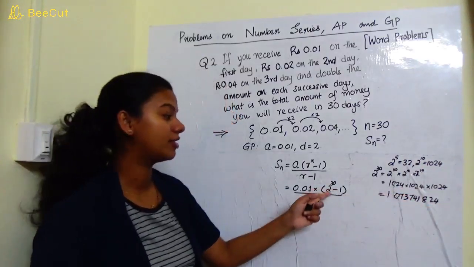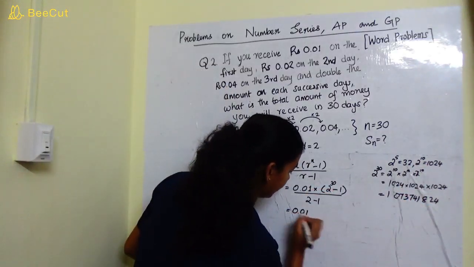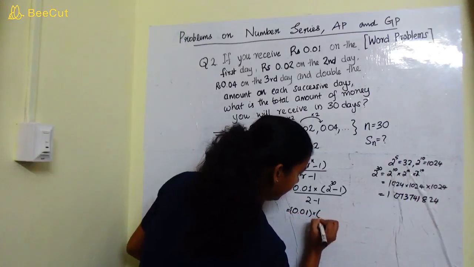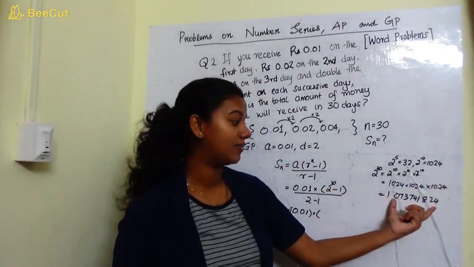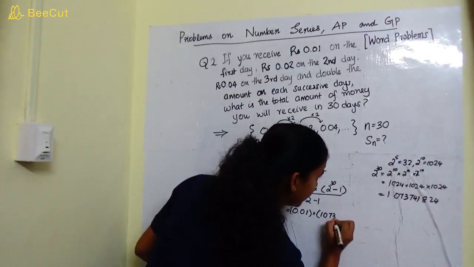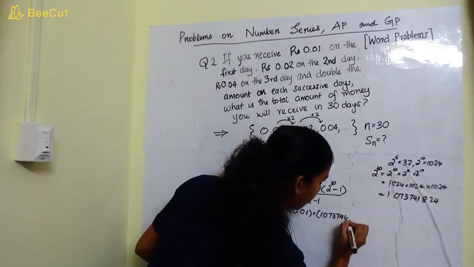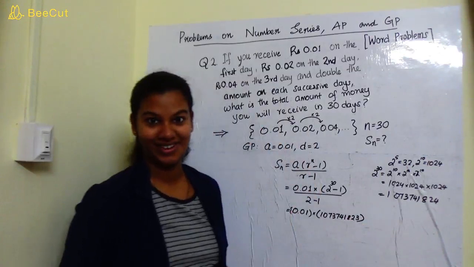So I'll substitute this value. What will we get? 0.01 into 2 raised to 30 minus 1. So this value minus 1 will be 1073741823. Right?